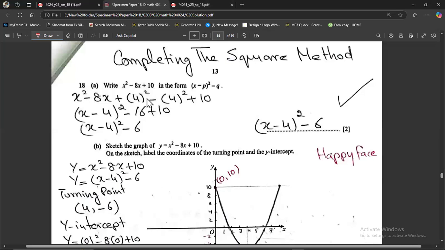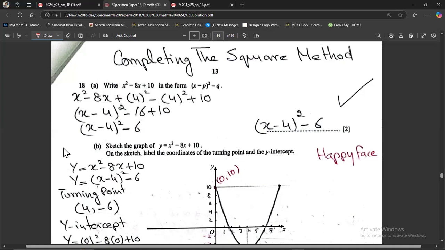These first three terms, x square minus 8x plus 4 square, are the formula for x minus 4 whole square. So these three terms make this formula x minus 4 whole square, and minus 4 square, that's minus 16 plus 10. So you will have x minus 4 whole square minus 6.